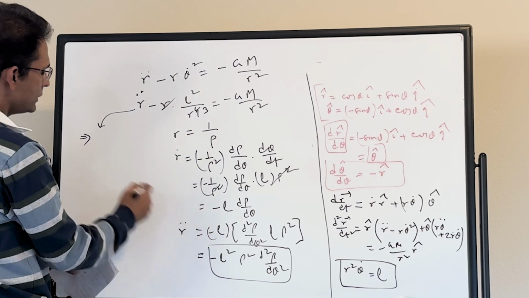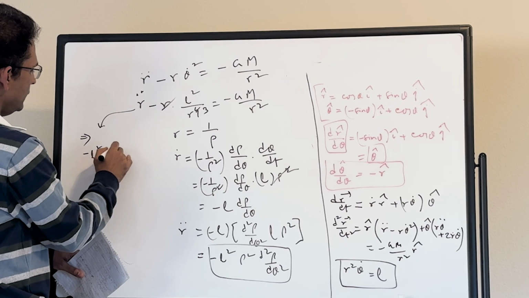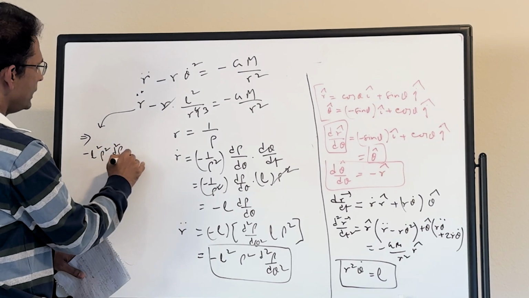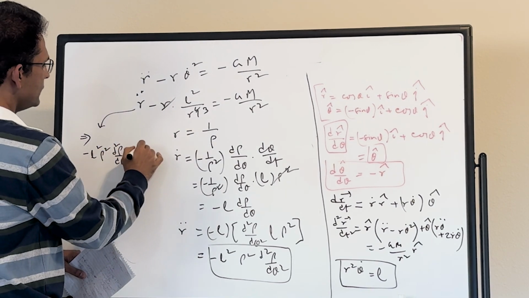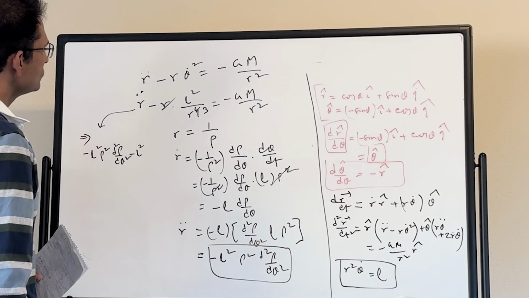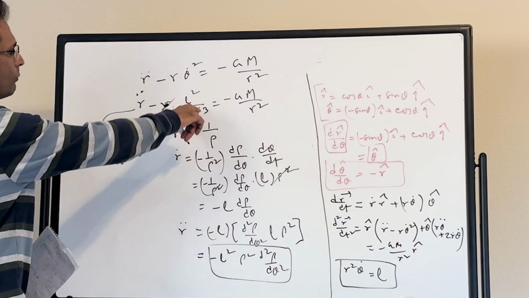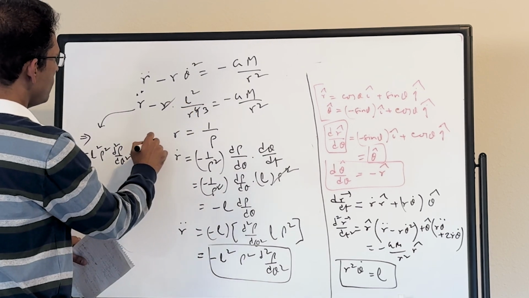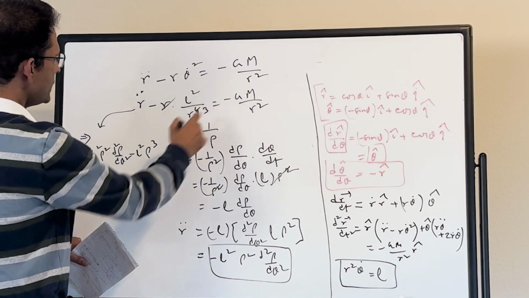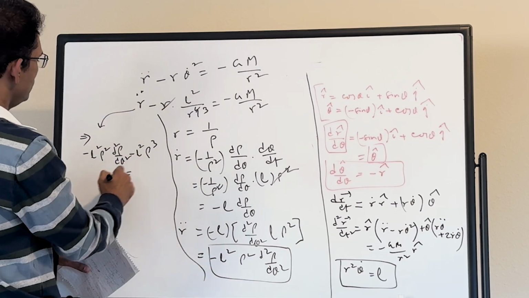So r double dot is that. Let's write this down: minus L squared rho squared d2 rho d theta squared, and then minus L squared, this thing is 1 over r cubed, so it should be rho cubed, and on the right side, I'm sorry if it causes confusion.